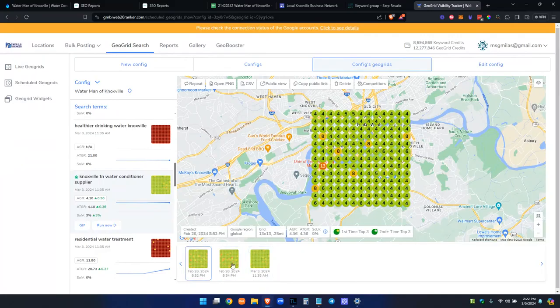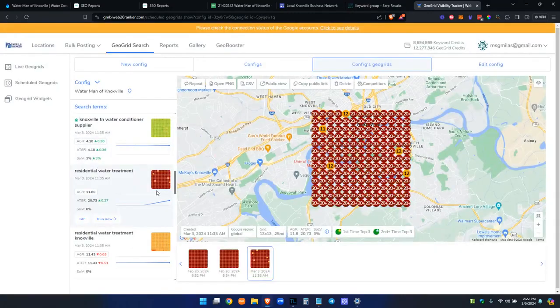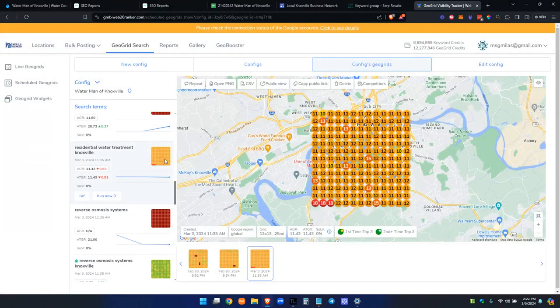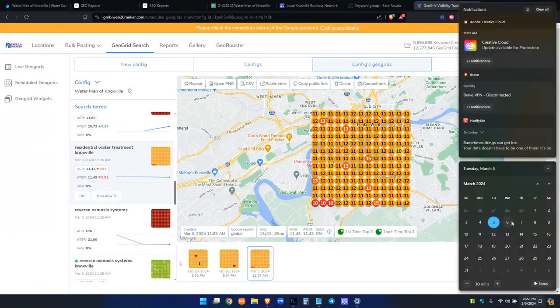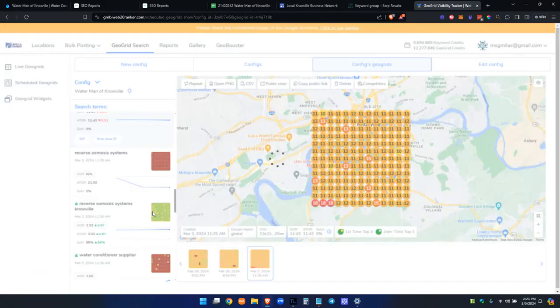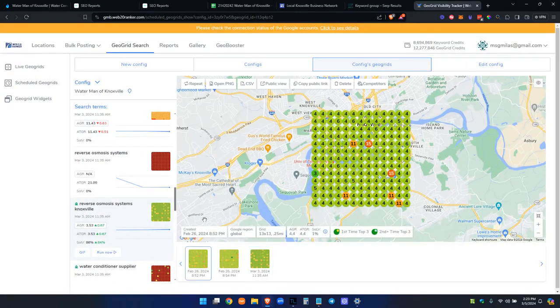Again, slight increase here. Could be regular fluctuations. Residential water treatment, see some nodes popping here. We are in about, I think, about 2 weeks. The 26th was, so we're only about a week in since the initial start. So this is the very, very first update that we're looking at here.